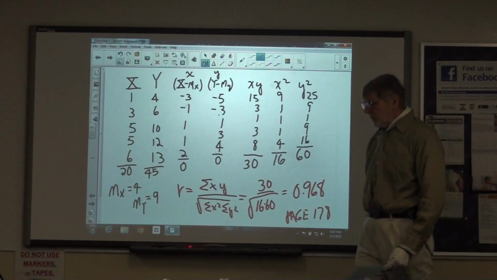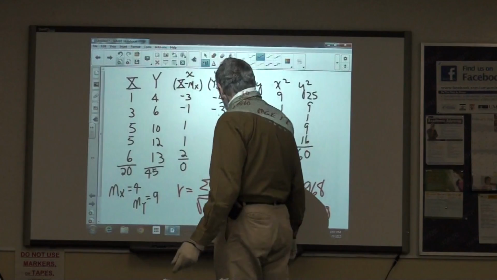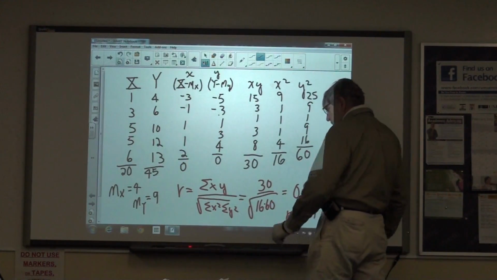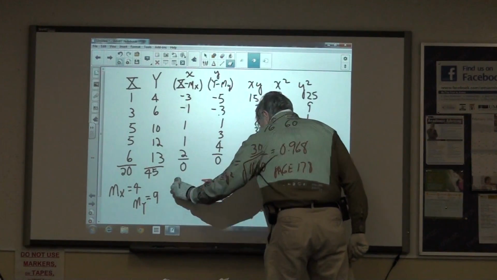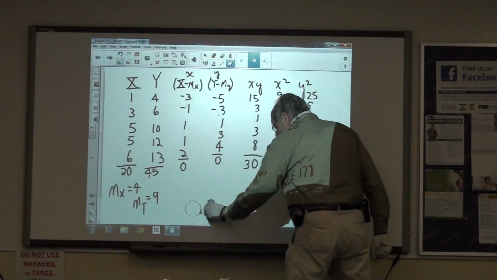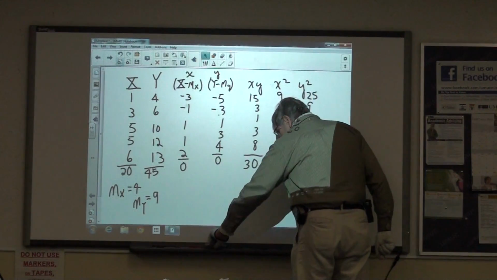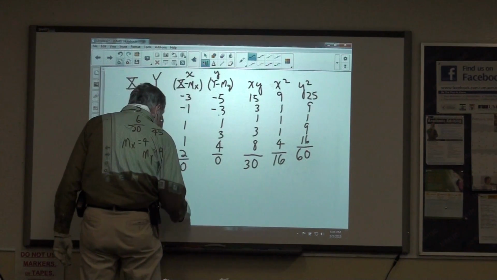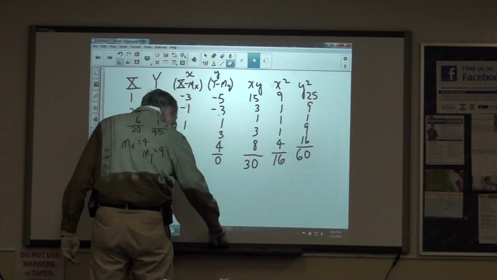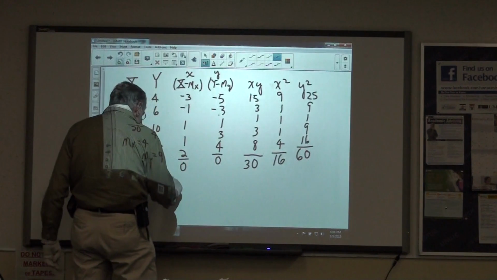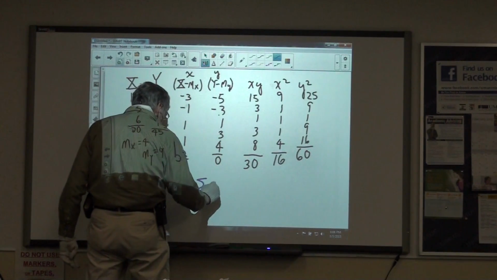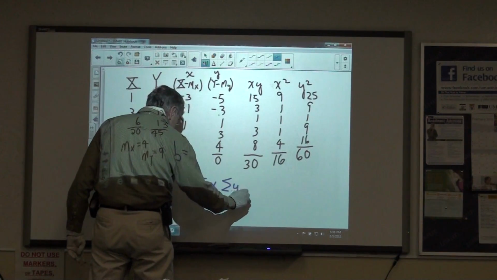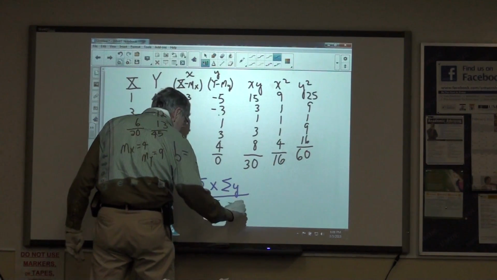So now I want to calculate the line of regression. So I'm going to have to erase this, so I have some space to work while the table is still visible to you. The formula for the line of regression has a slope. B is equal to the summation of x times y over the summation of x squared.